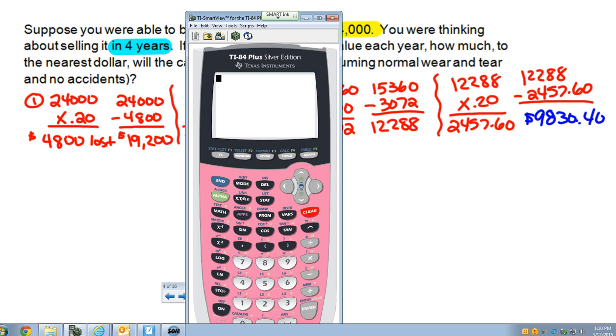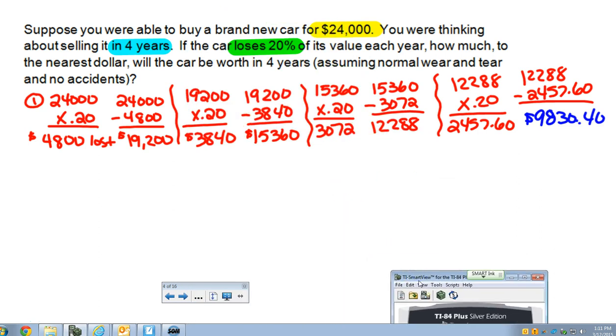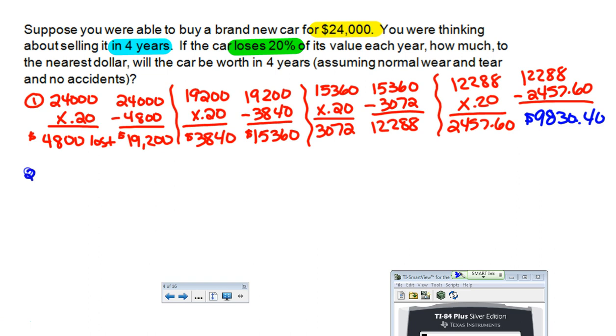Okay, so now what we're going to do is think about how we could have done this in a better, faster way. So now we're going to do method 2. With method 2, instead of doing the deduction percent and then subtracting it off, you can just remember what that means.